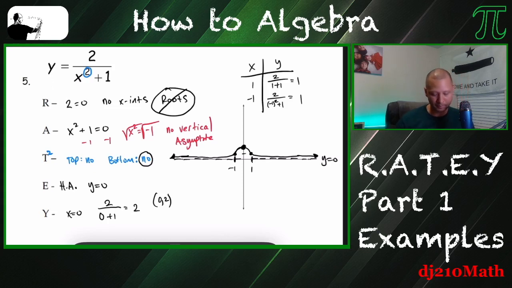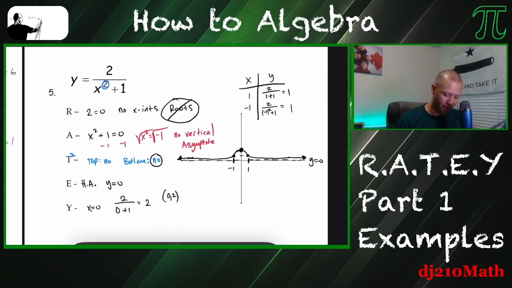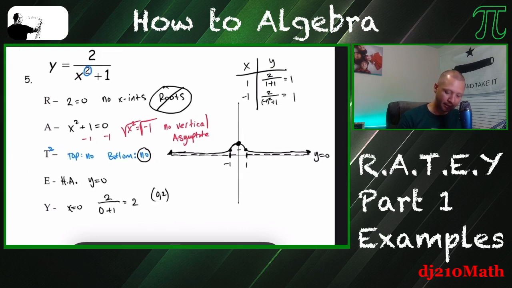It's kind of an interesting shape given what the parent function looks like. Kind of crazy. So I think the key here would be the graphing part.